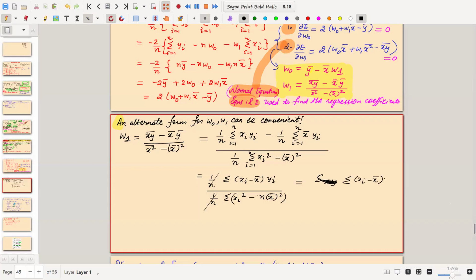xi minus x bar, this is yi, right? Then I can write this in this form also: xi minus x bar whole square. Here I think there is a mistake.